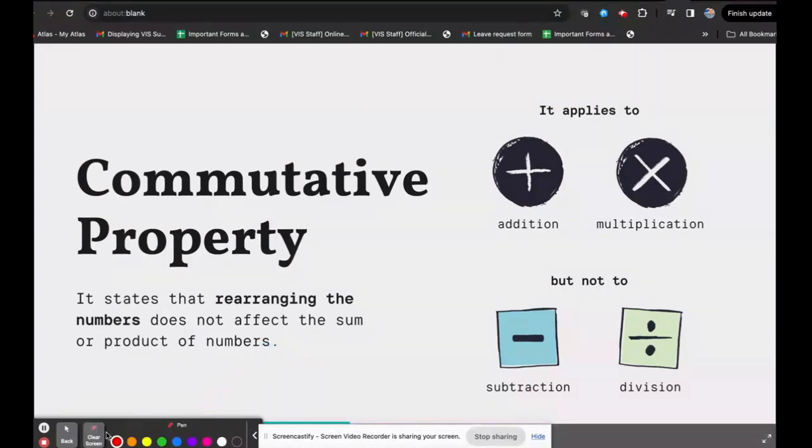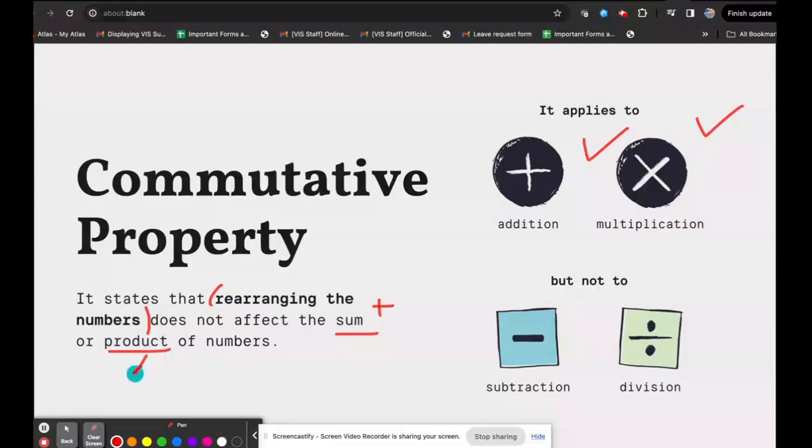All right, the first property is the commutative property. It states that if we rearrange the numbers, it does not affect the sum or product of the numbers. Sum means addition, plus, and product means multiply. So if you multiply two numbers and change the order of the numbers, it will not change our answer.